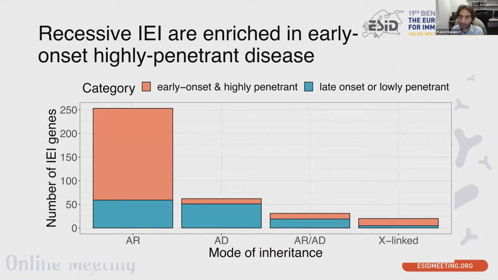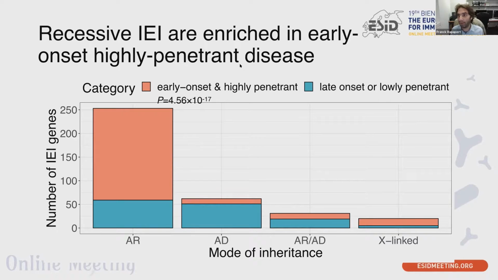And the first thing that we saw is that most of the known autosomal recessive inborn errors of immunity or X-linked inborn errors of immunity are actually early onset, highly penetrant and severe, while most of the dominant ones are not. And this is very significant, with a p-value on the order of 10 to the minus 17.